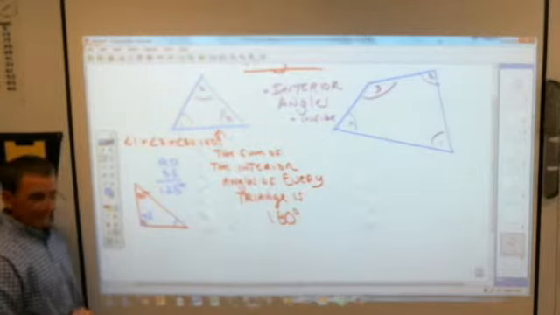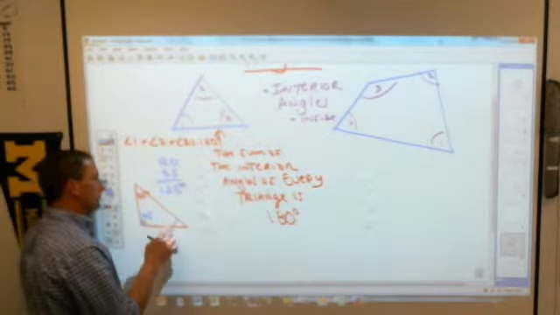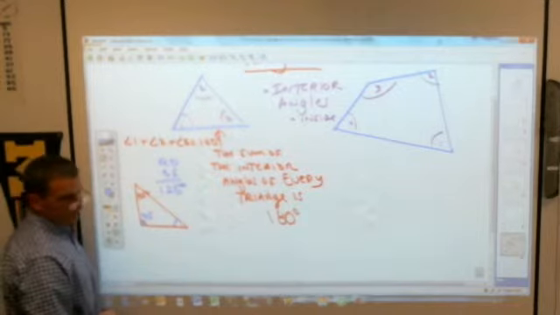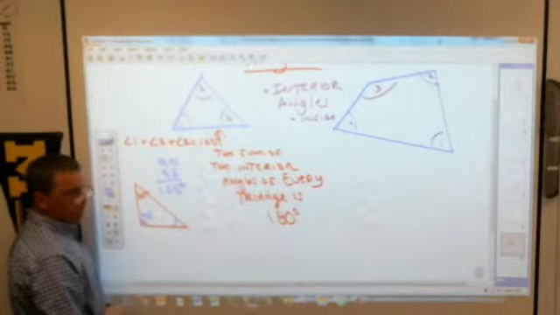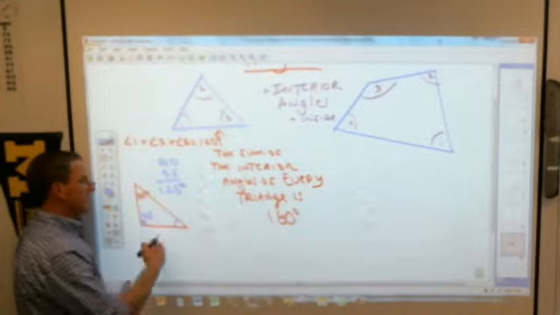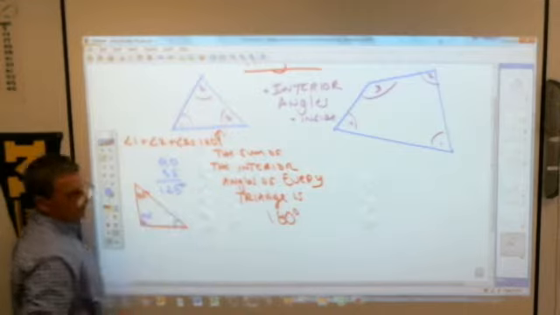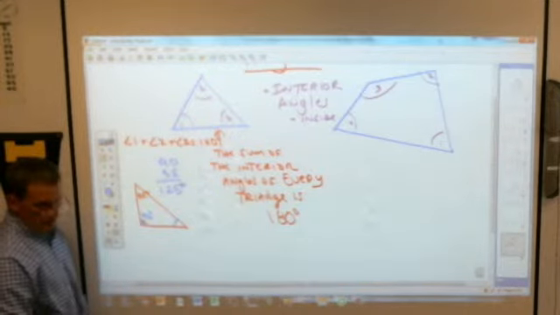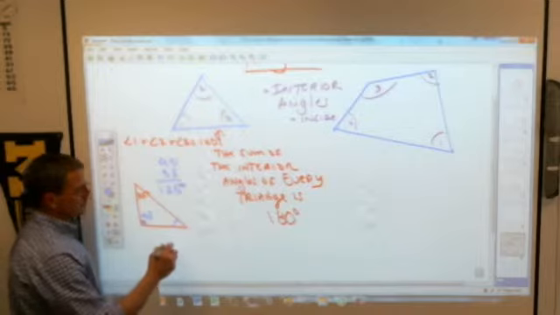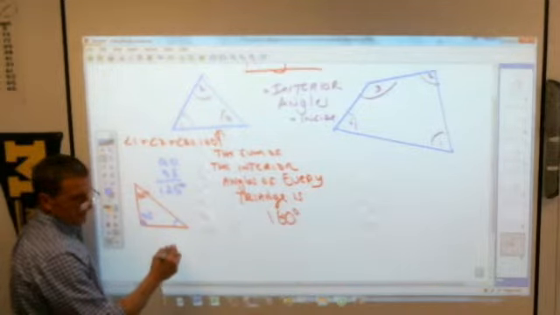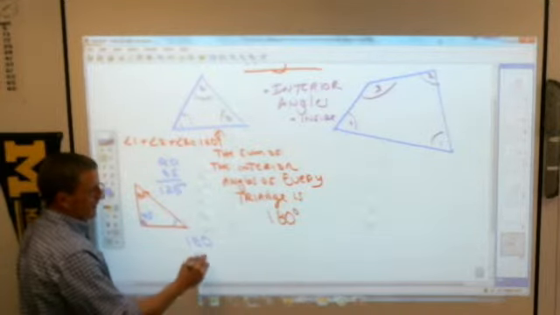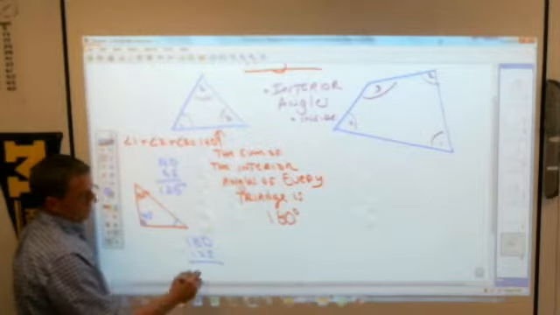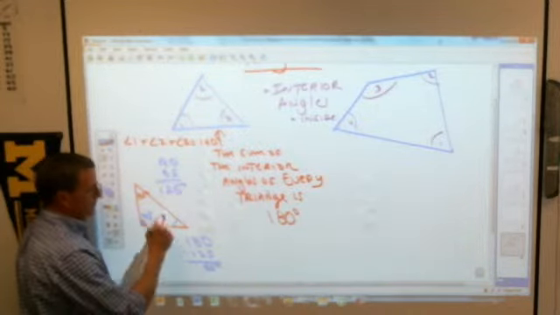Every triangle has to have 180 degrees, so how would I figure out, Charlie, how many degrees this angle is? I know this has to add up to 180 degrees, and I know I have 125 degrees, so to find the answer, I'm subtracting 125 degrees from 180, which would give me 55 degrees.